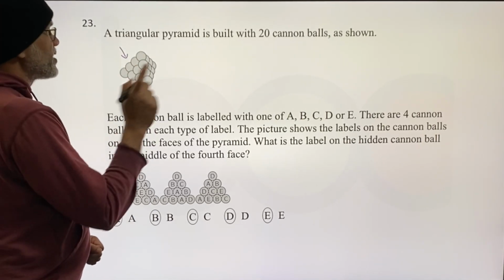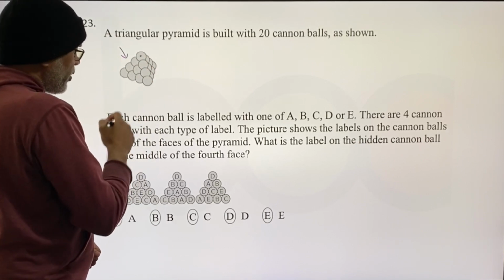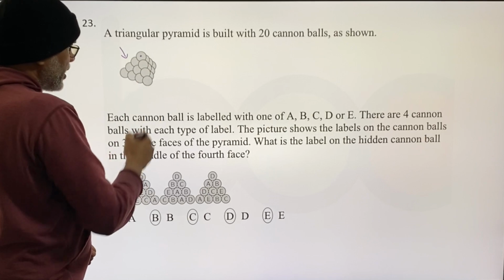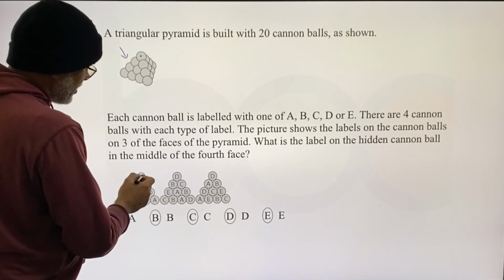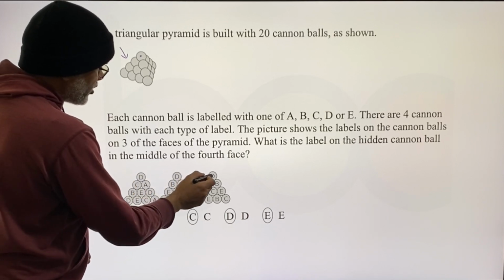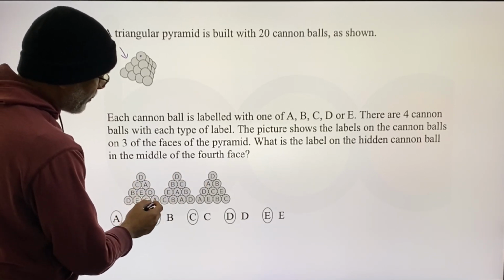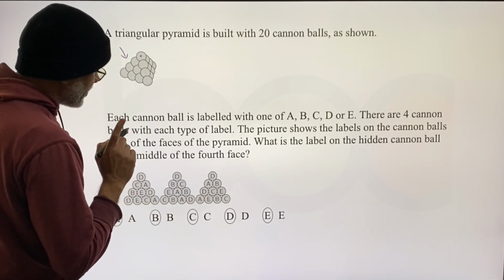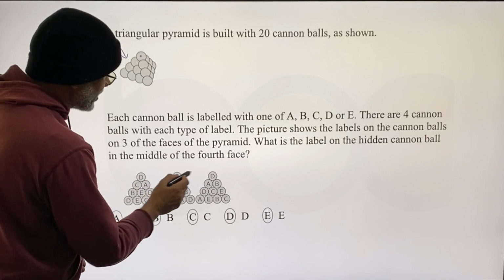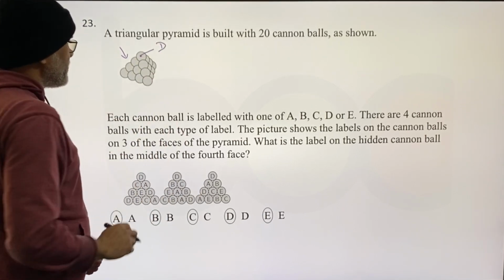Then we also discussed in the last approach, this ball we will be able to see in all 3 faces, right? And the D is the only one that appears in all 3 faces, right? Nothing else. A appears twice, C appears twice, but they don't appear 3 times. D is the only one that appears 3 times.